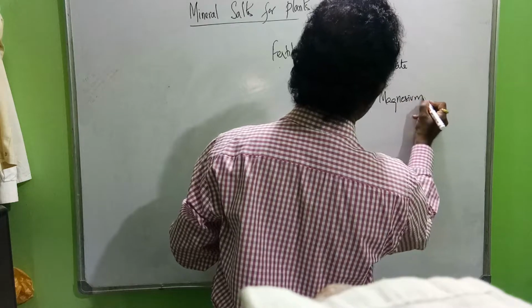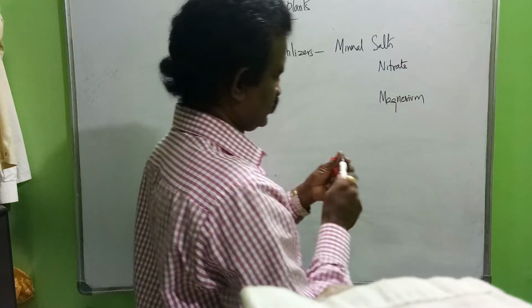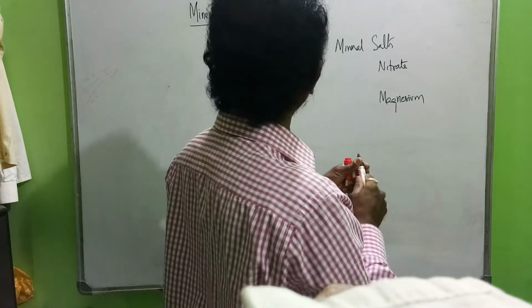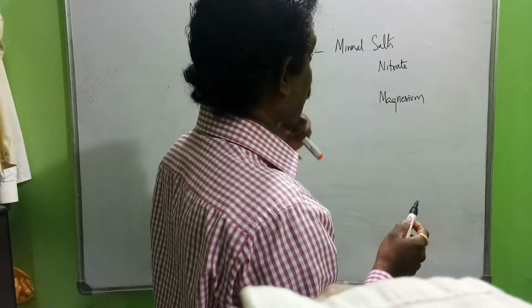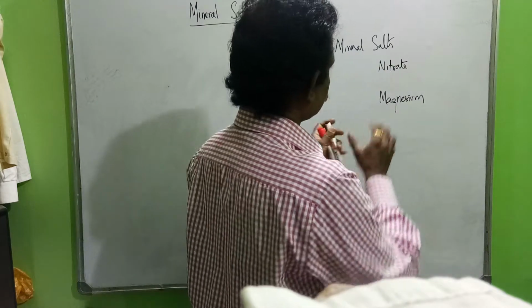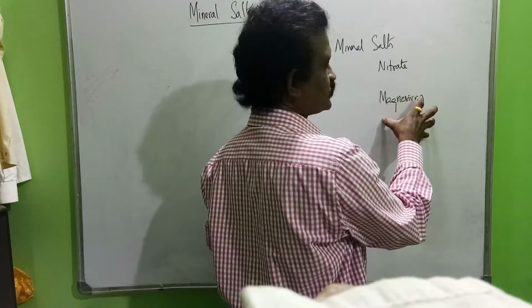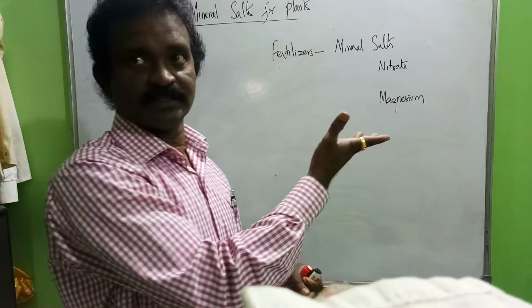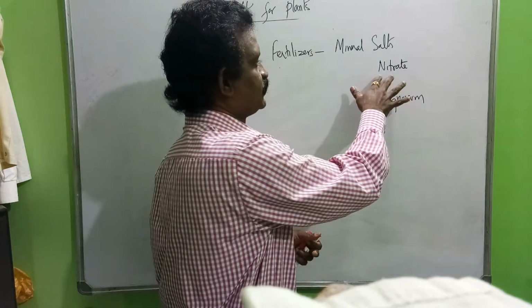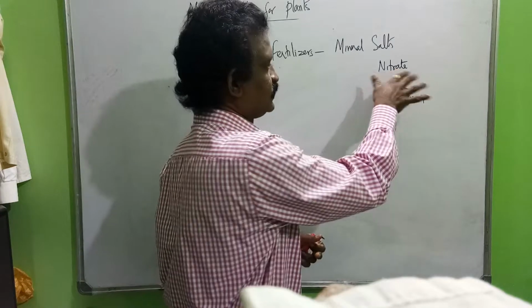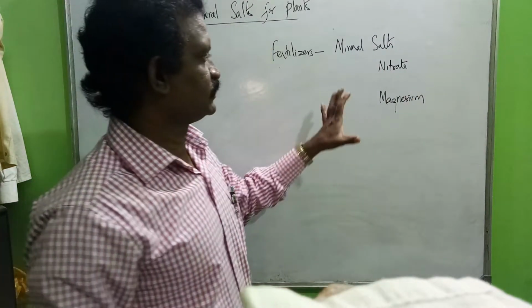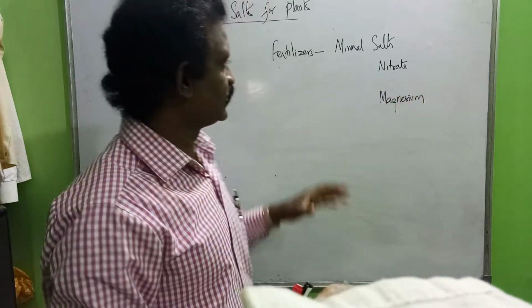Is it clear? These are the two mineral salts given. Now you should know the importance of these. What happens if they are not there for the plants? What happens if they are given in an appropriate way for the plants to grow healthy?